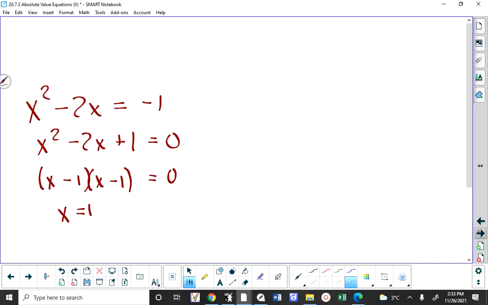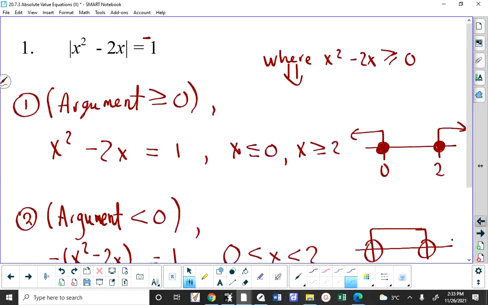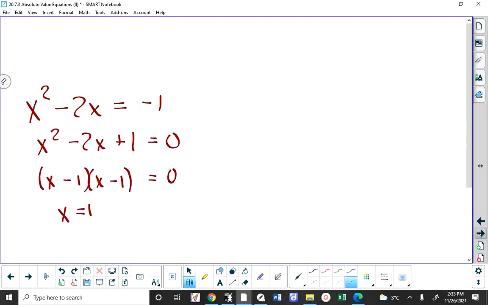But the bottom line is there's only one solution here. We get x equals 1. Is 1 in this domain for equation 1? No. So equation 1 doesn't have any solutions. Not in domain.